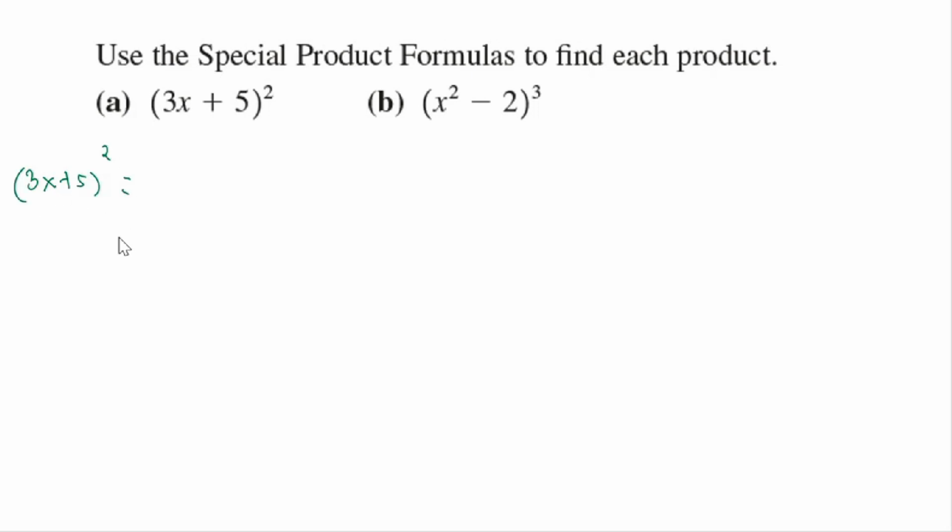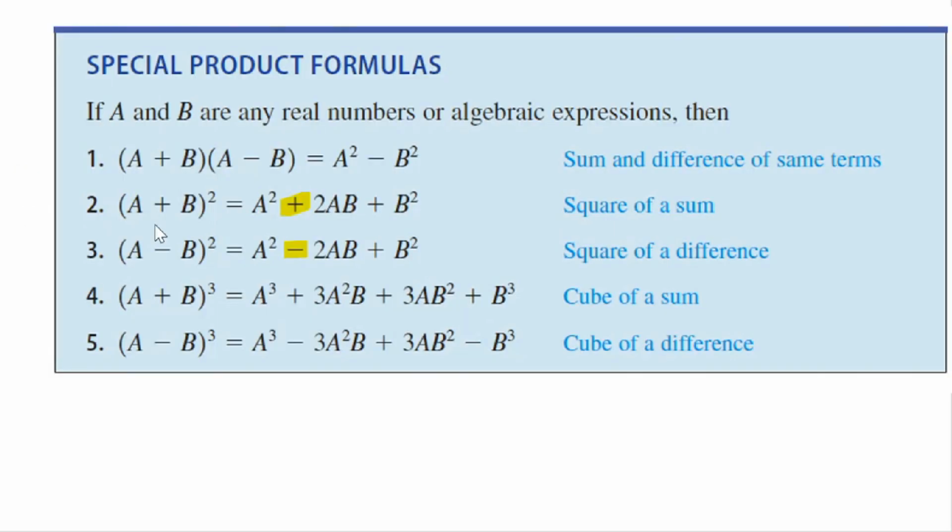So the pattern for this, let us recall, is the square of a binomial. We have the square of the first term plus twice the product of the two terms, comparing to the two terms A and B, plus the square of the last term. So try to memorize that.